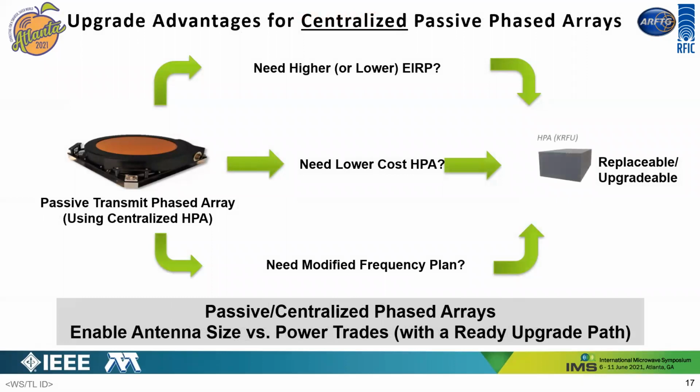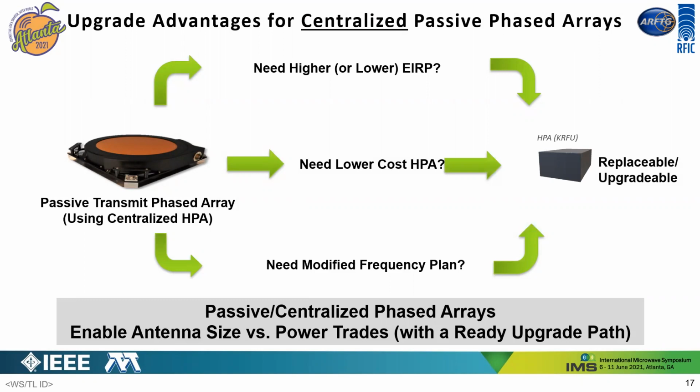Okay, so we briefly discussed both distributed and centralized architectures. For the latter, the power added efficiency of the centralized HPA, which may be solid state or tube-based, depending on power level, can be an important power dissipation and cost consideration. And improvements in these packaged devices in terms of power added efficiency, linearity, size, and cost are important areas of interest.